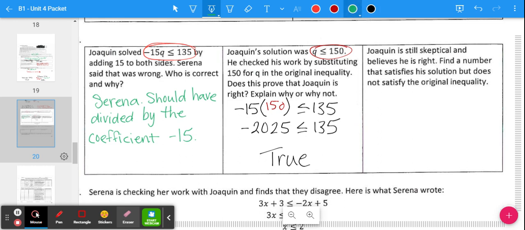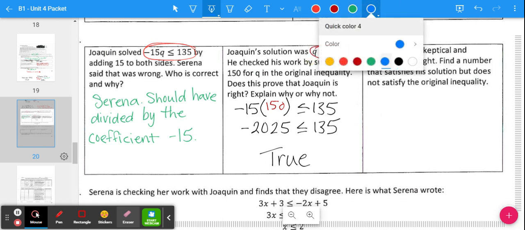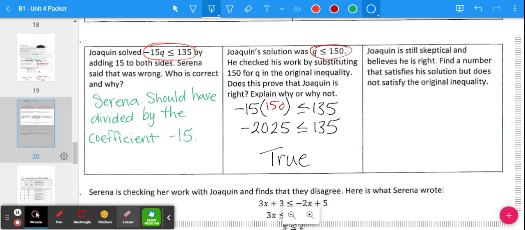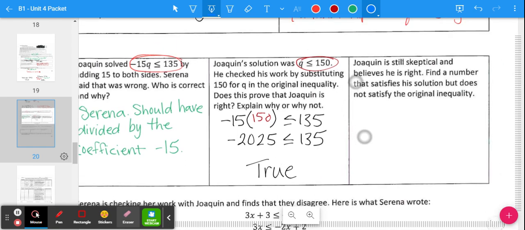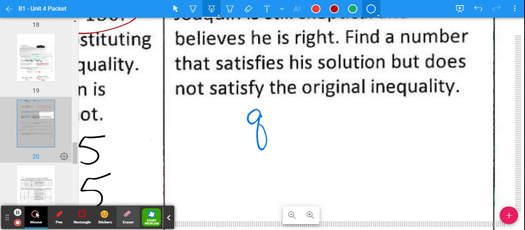So when teaching this in the classroom, I had somebody actually offer up that negative numbers would produce numbers larger than 135. So we used the value negative 10. So we said, what if q is negative 10?